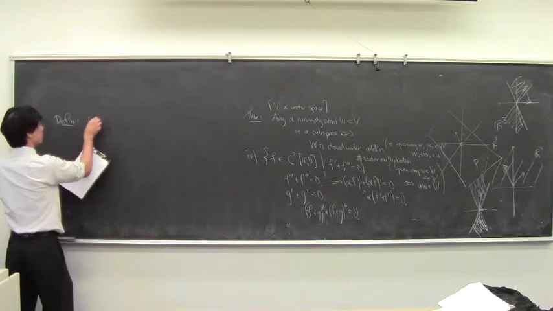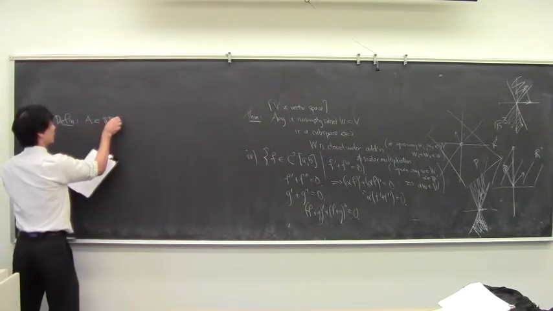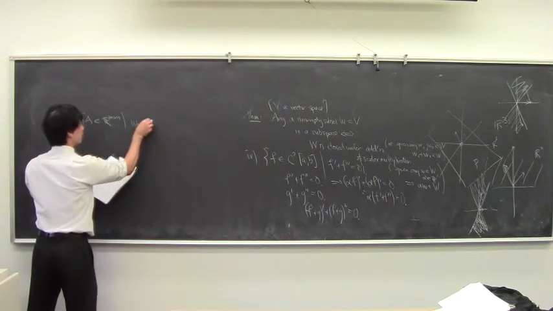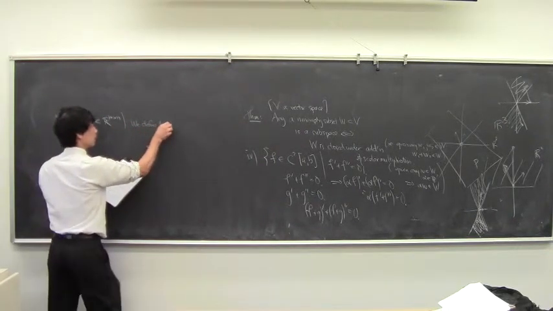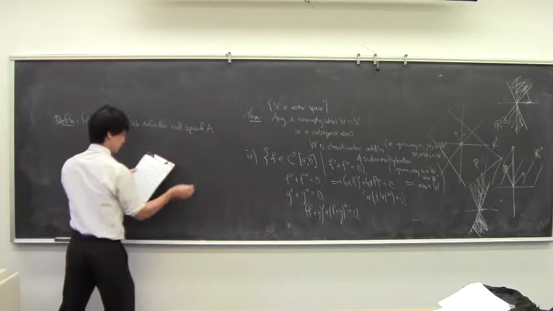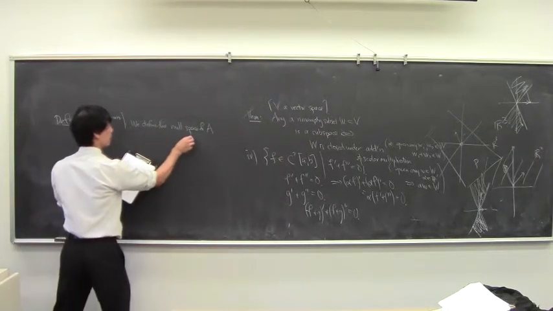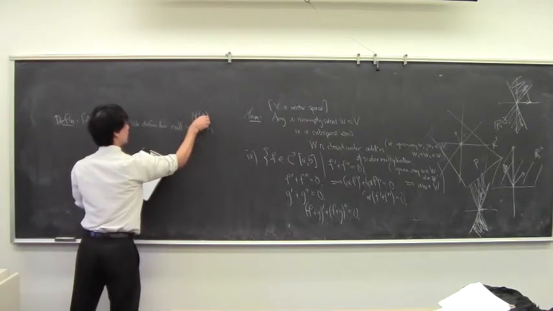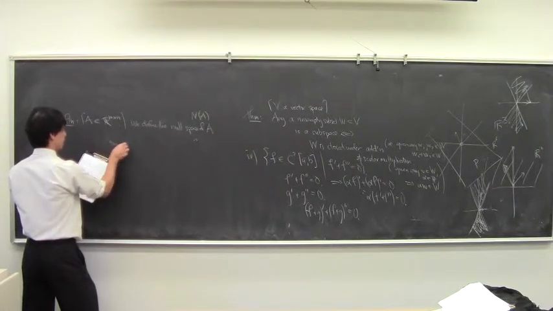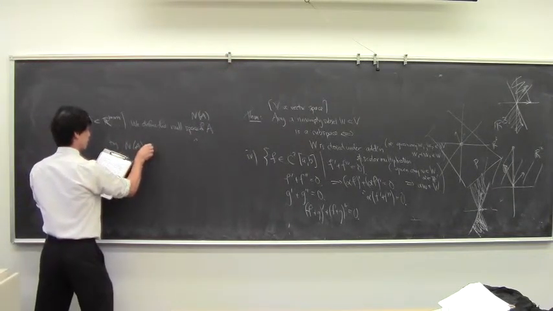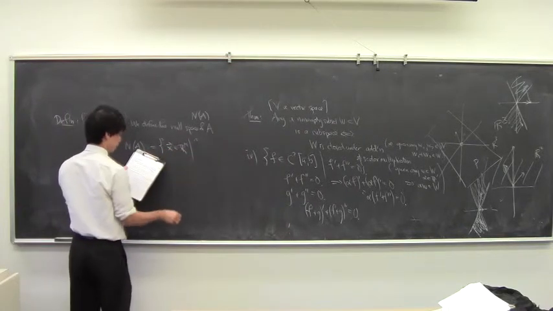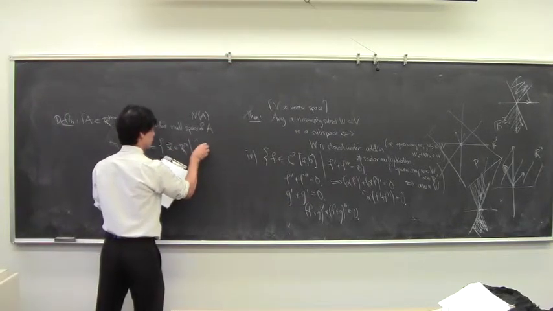Say you have an m by n matrix A. We define the null space of A, denoted N(A), to be all the vectors x in R^n such that Ax is 0.